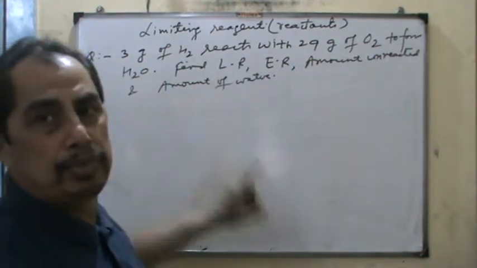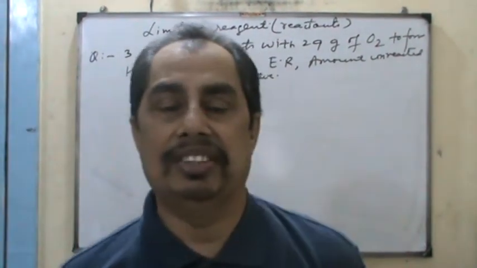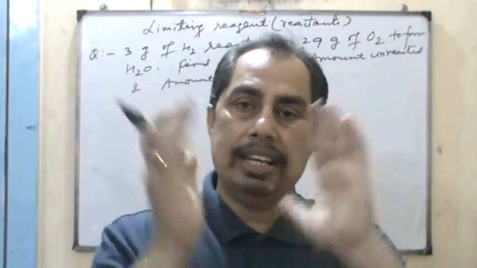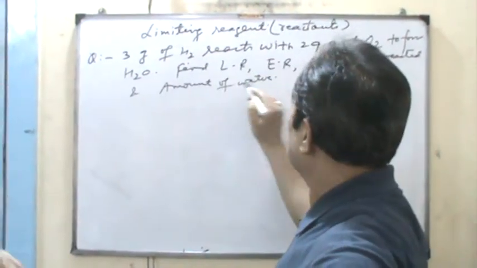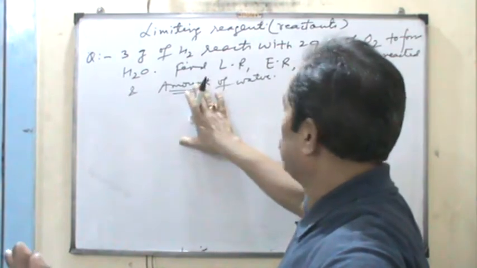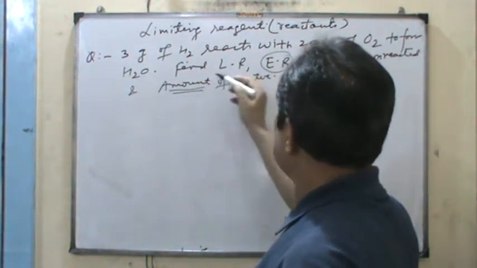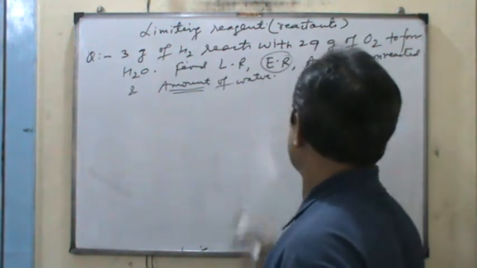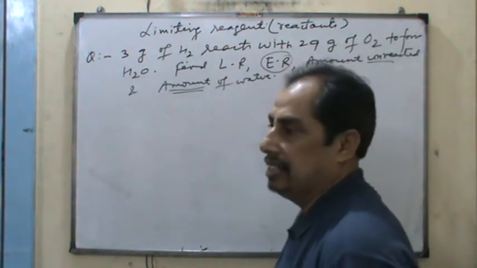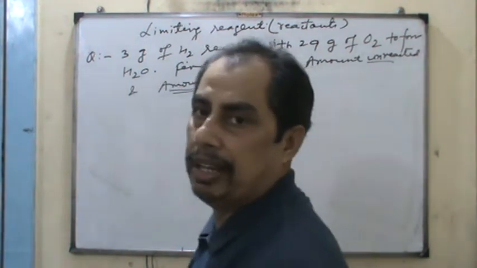First of all, your job is to get the limiting reagent, and the limiting reagent will determine the amount of product formed. Keep in mind. Second, the excess, and the difference gives the amount unreacted. Here, first frame the question.